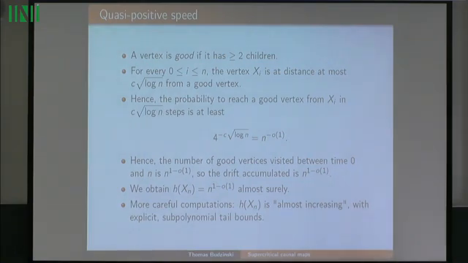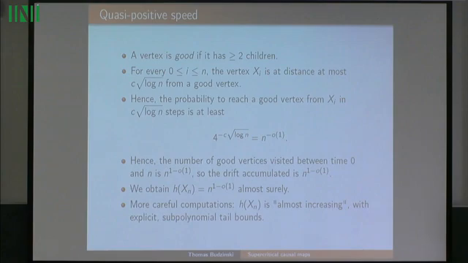And if I have a nice vertex at a small distance, then I have some probability to reach this nice vertex in a very near future, like in square root of log n steps, by using a path composed of vertices with degree 4, because they have only one child. So the probability to reach a good vertex in a very near future is always at least 1/4 to the square root of log n, which may decay to 0 as n goes to infinity, but very slowly. It decays slower than any polynomial.